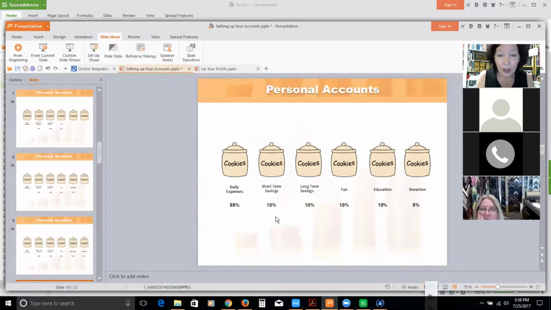But the other thing you want to look at when you're setting up all these accounts in general is you want to be able to set them up for free. So make sure that the bank or the credit union you use, more likely credit unions, are going to let you have as many savings accounts as you want, and there's no charges and there's no minimums. That's the kind of setup you want to look for.